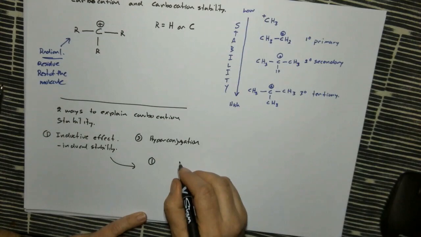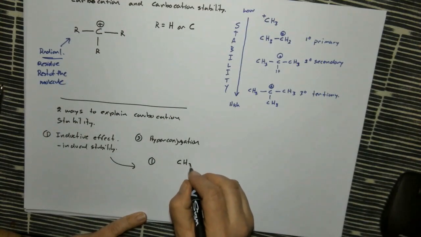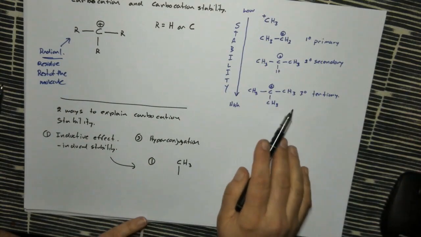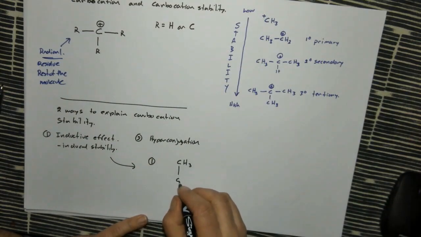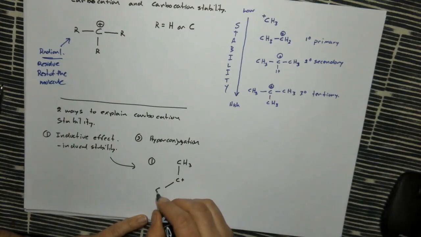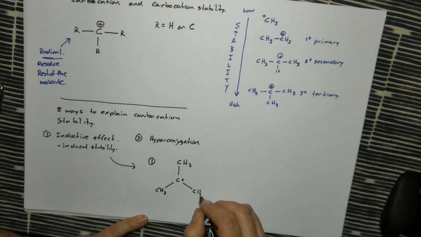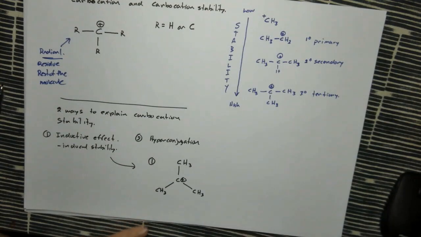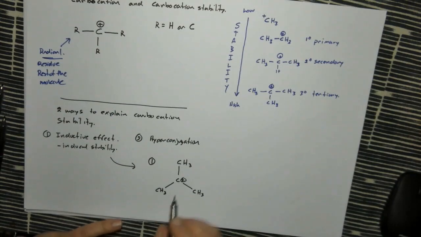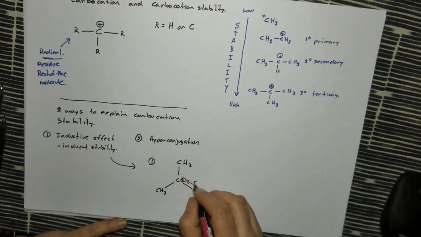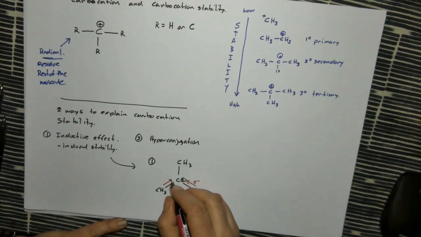And let's draw the molecule CH3. I'm only going to deal with the tertiary example, but I'll probably mention the other ones in just a second. So in this way, the inductive effect says basically that this positive carbon in the middle is going to attract the electrons from its neighbors.